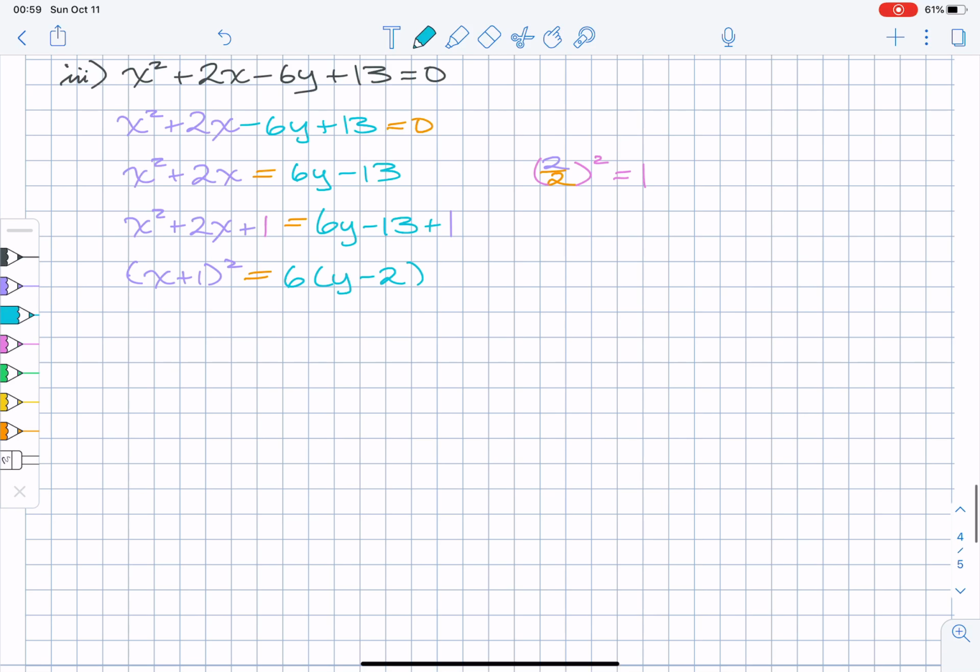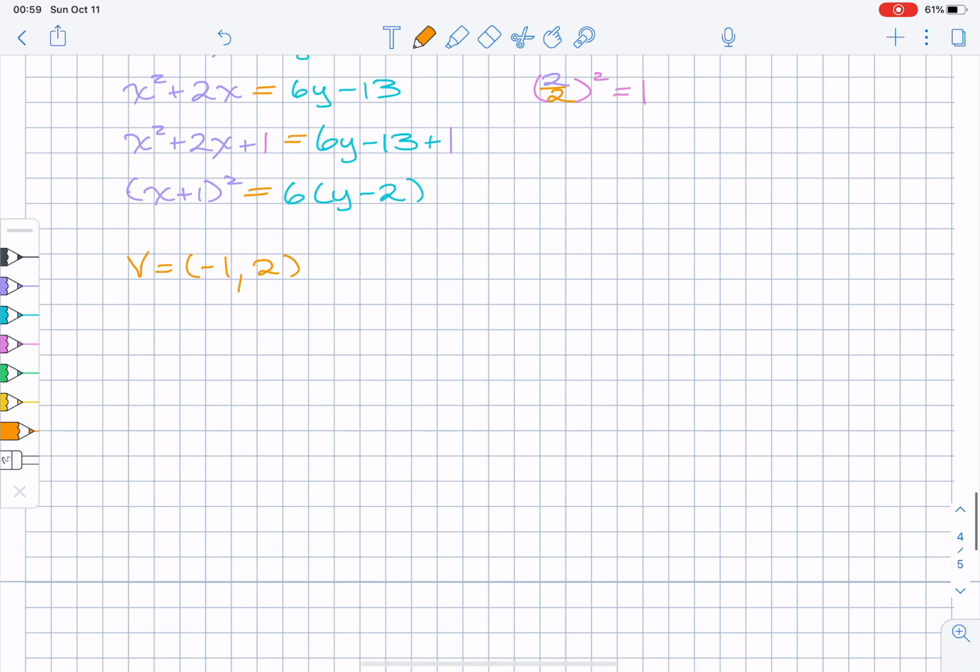Okay, so I claim my vertex is going to be at negative 1 comma 2. But now I claim that 4p is 6. So that means that p is going to be 6 over 4, which of course reduces to 3 over 2.